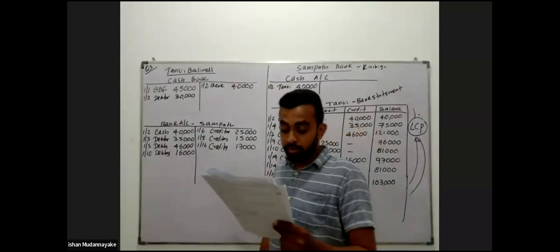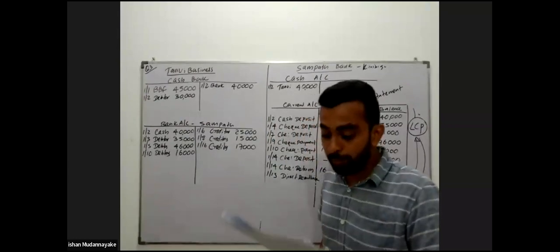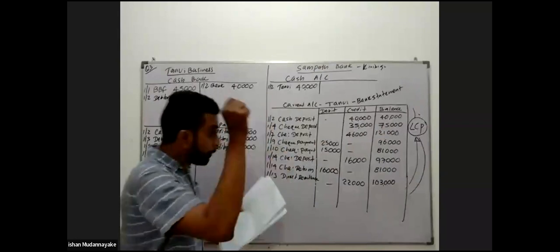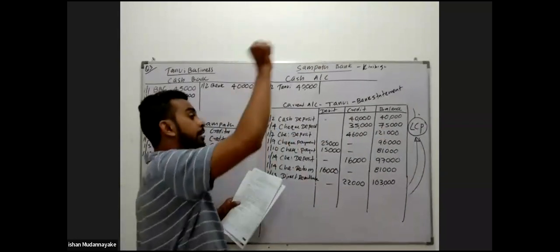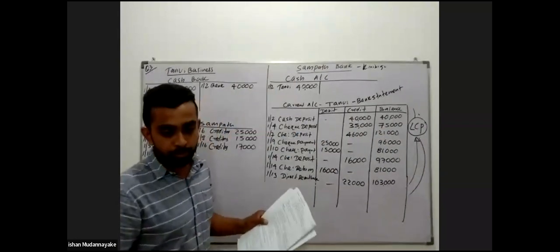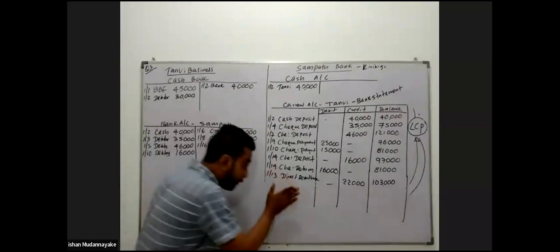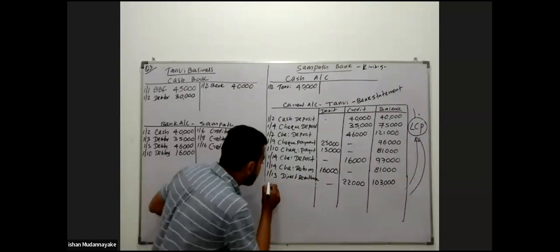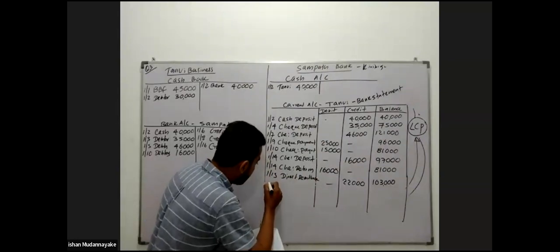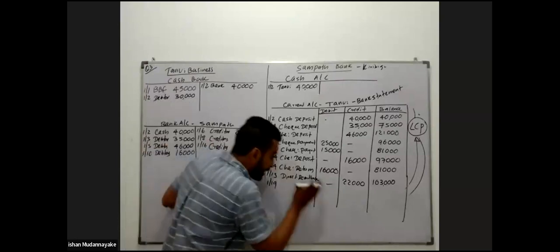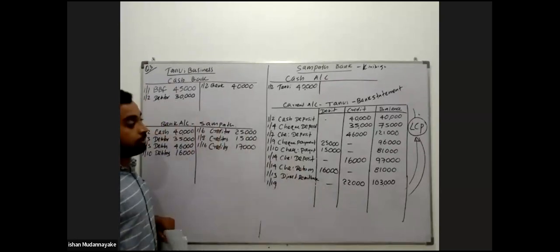But this check was dishonored by the bank on 19 January. Our Sampath Bank refused to pay cash to the creditor on 19 January. We issued the check, so at first our bank, on 19 January, debited this check to our current account.